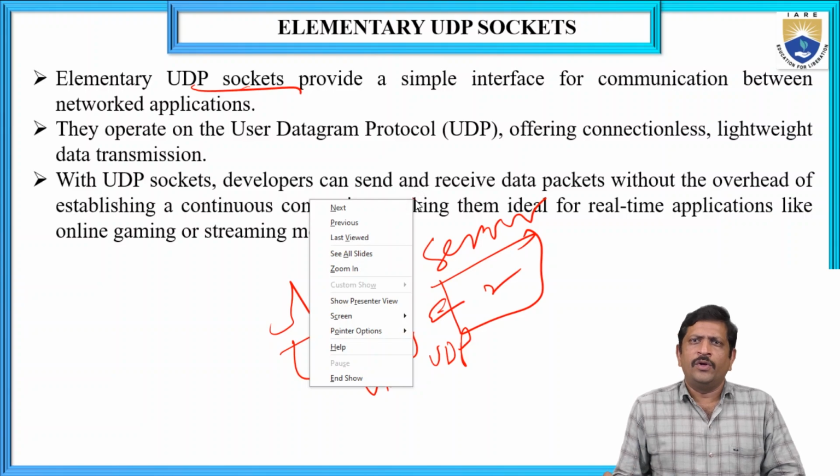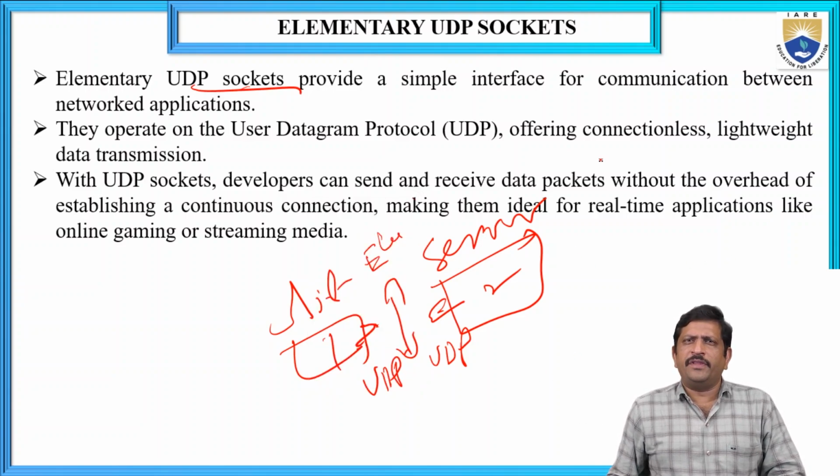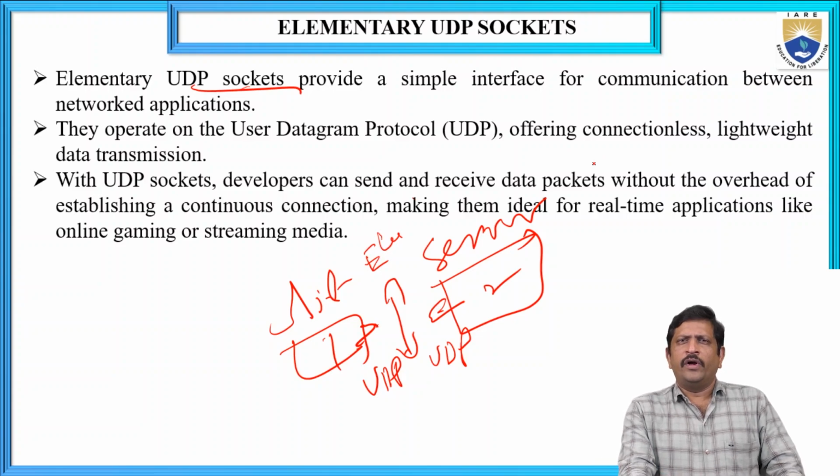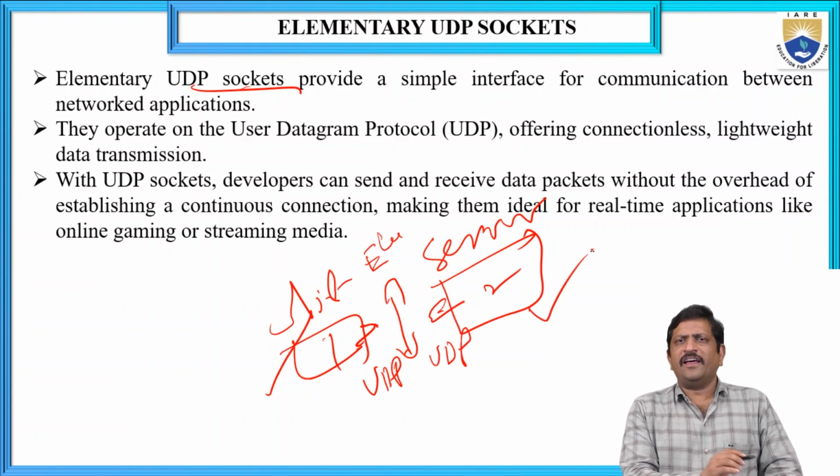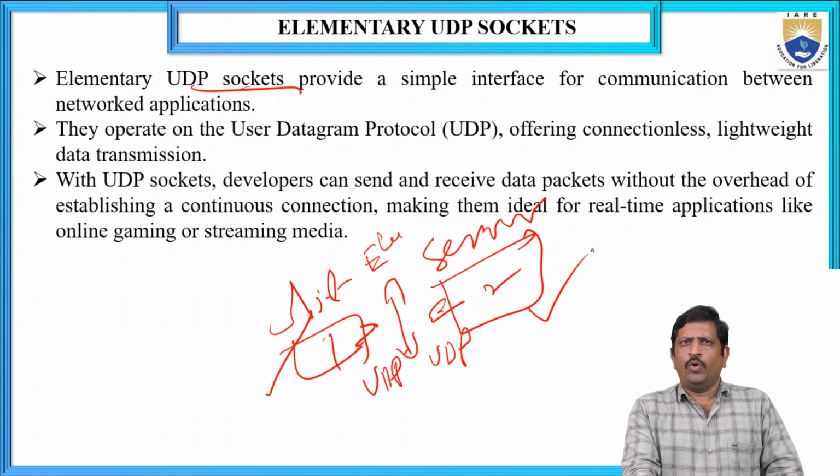These elementary UDP sockets work as an interface between two networking applications. That means the client has one network application and the server has another, so both are different applications.